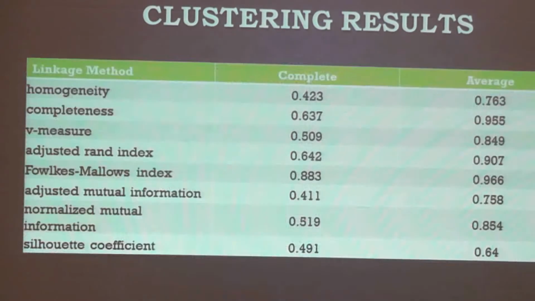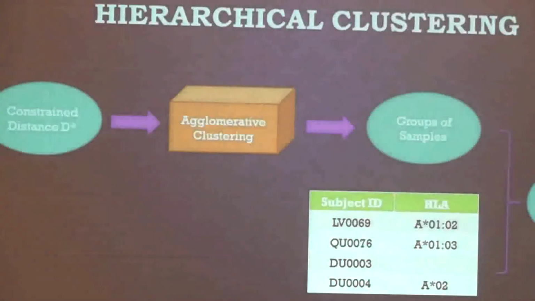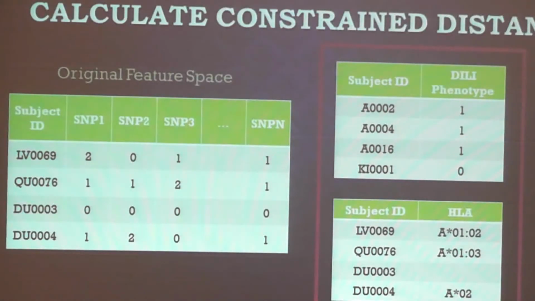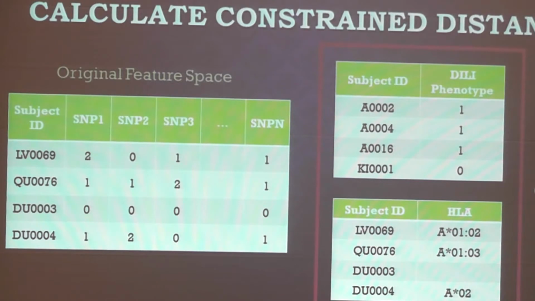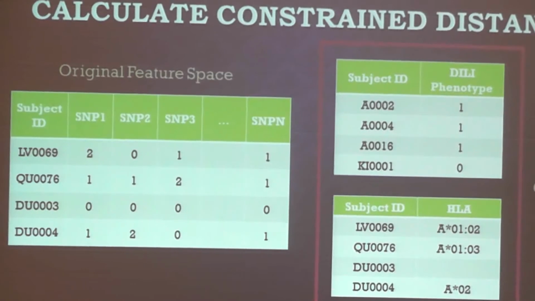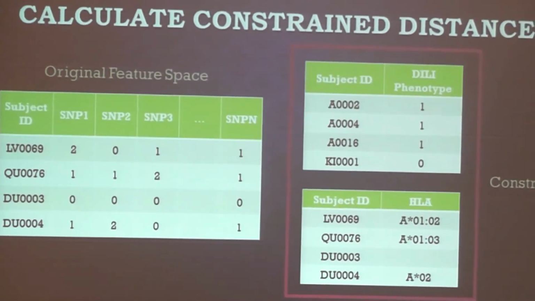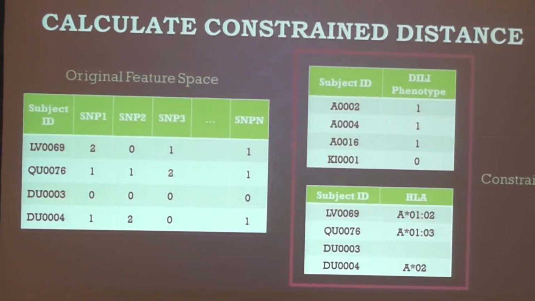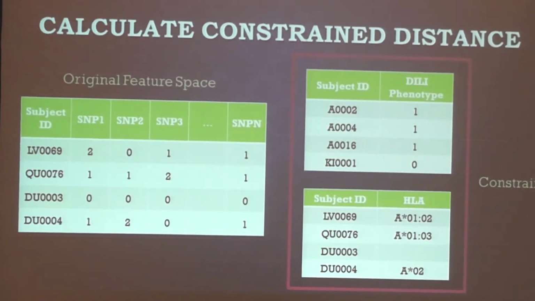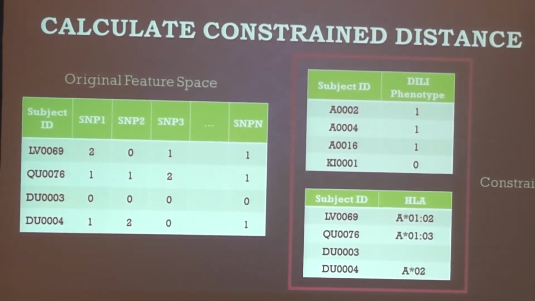Actually, we combine two types of data together. This clustering method is a semi-supervised learning method, and we use the genotype as the original feature space on the left-hand side, and we use the phenotype data as the constraints in our clustering method.